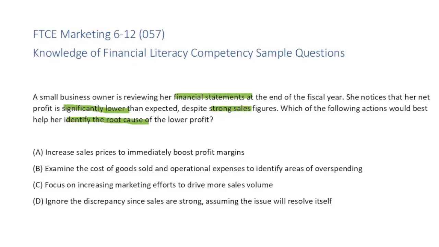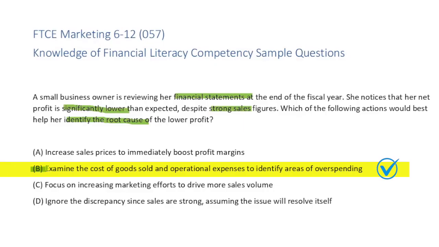By examining the cost of goods sold and operational expenses, the business owner can identify areas where costs may have escalated, impacting profitability. Addressing these areas can help improve profit margins, whereas increasing prices or sales volume might not resolve the underlying cost issues. Ignoring the discrepancies will create further issues. Therefore, answer choice B, examining the cost of goods sold and operational expenses to identify areas of overspending, is the best answer choice.